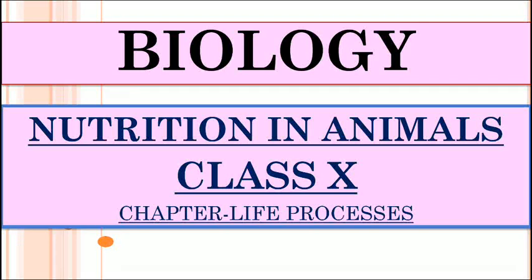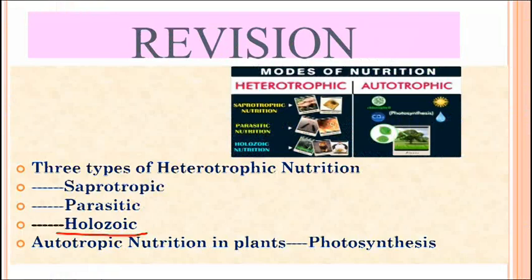In the holozoic mode of nutrition, food is ingested by the organism, and further the food undergoes digestion, absorption, assimilation, and finally egestion of the undigested food material, and this nutrition is called holozoic nutrition.